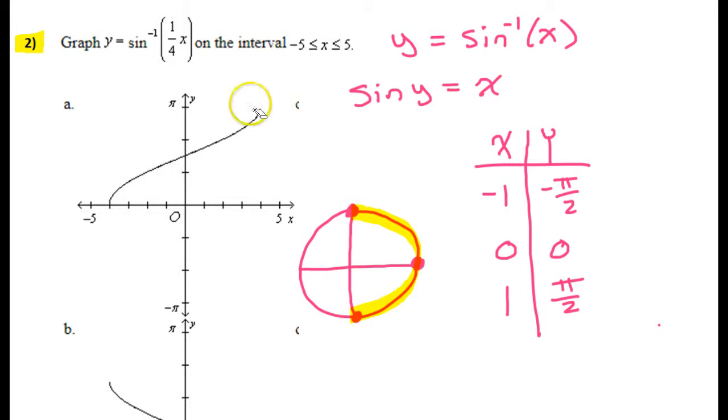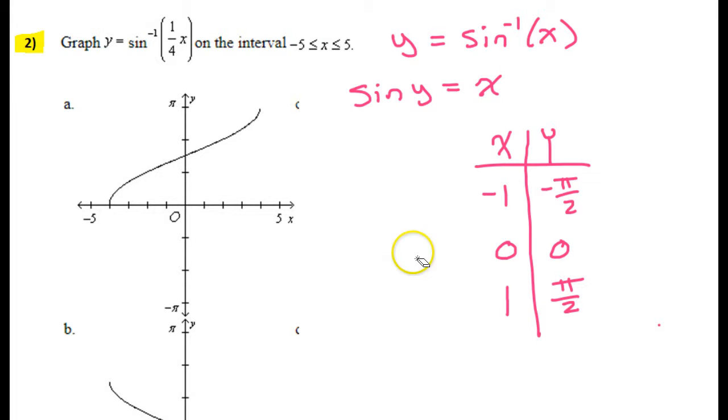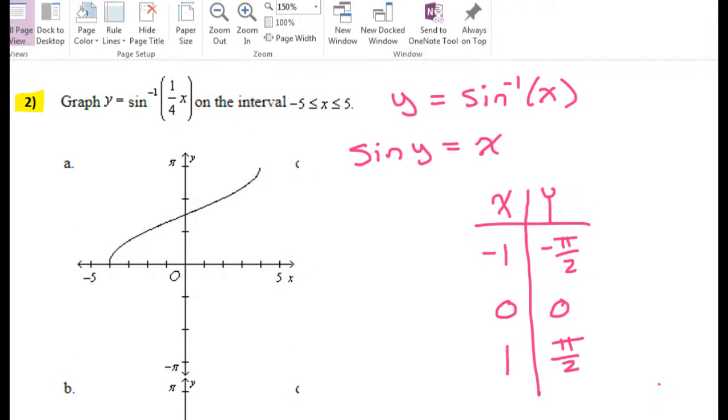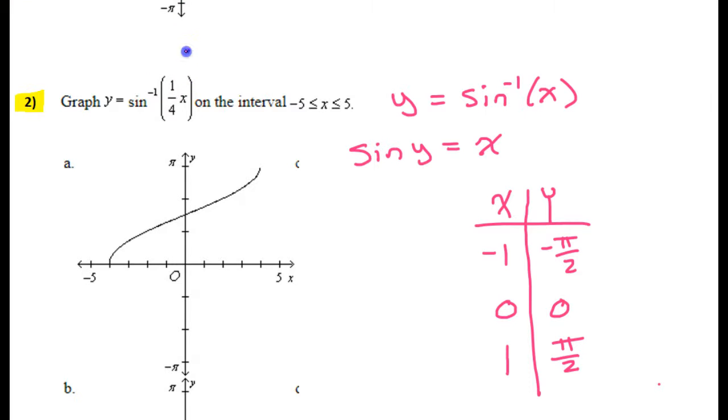So what I really need is I need to do this 1/4 x. So here I'm going to draw on my understanding of how transformations work. When you have a number inside of a function, this is going to be a horizontal stretch or a compression, but it's the opposite of what it looks like.